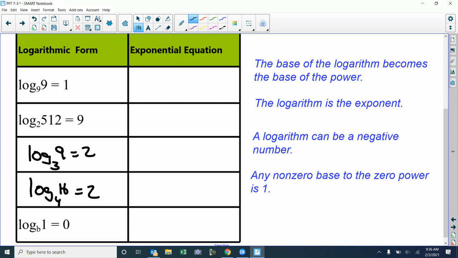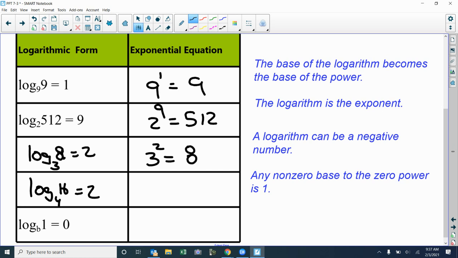So now I have them as a log. Now, most students do better this way. Going log to exponential seems much easier because it just seems to be staring at you right there. Your base of 9, 9 to the first is 9. 2 to the 9th is 512. 3 to the second is 9.